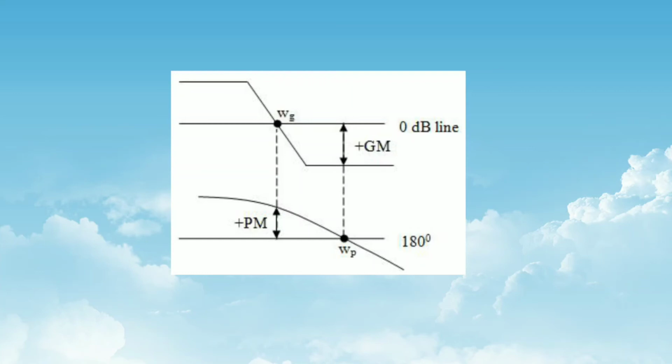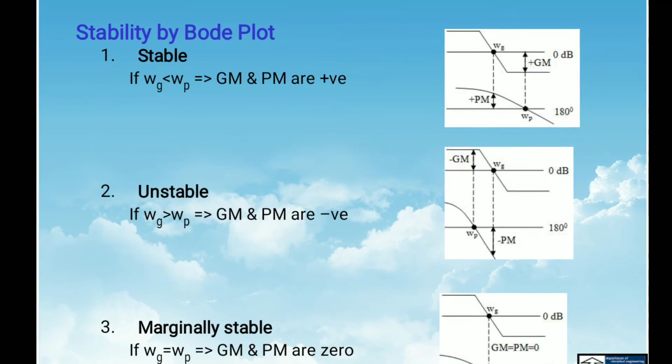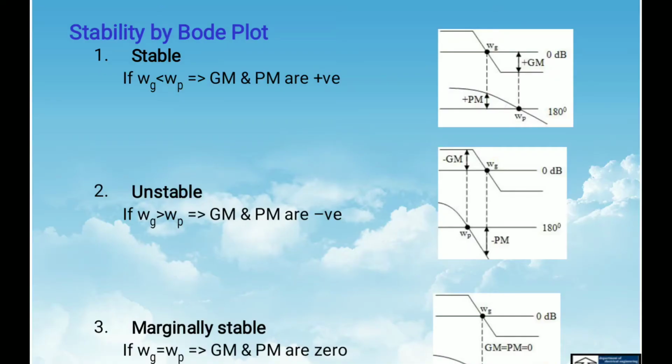These are the two frequency values that determine the stability or instability of the system. So the stability is determined by the location of omega GC and omega PC.